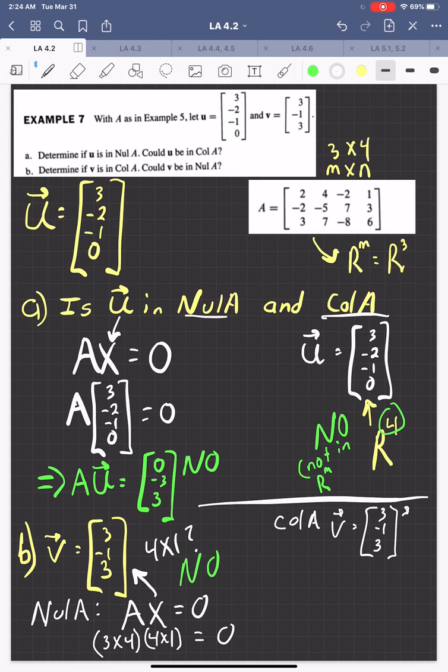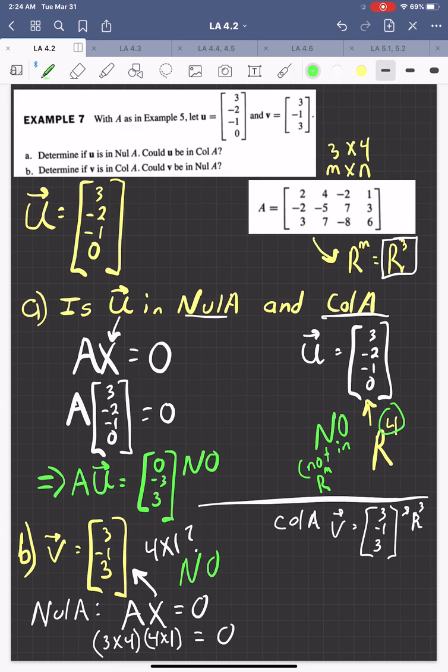There's 3 entries here, right? So we're in R3. What space is the column space? It's Rm. That's also in R3. So it's possible, right? In part A, we just ruled it out right from the beginning. So this is actually a possibility. But I can make this a lot easier on you.